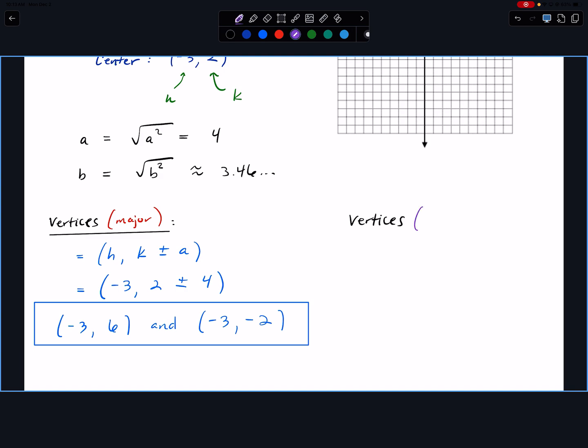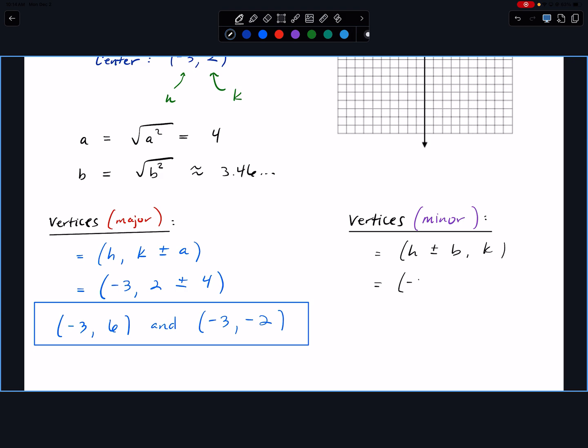I don't believe your homework will ask you for the minor ones, but to graph it, it's a lot easier if you have them. So which axis is minor? The x one, right? So that means I'm going to add the b to the x coordinate. So this is going to be h plus or minus b, comma k.